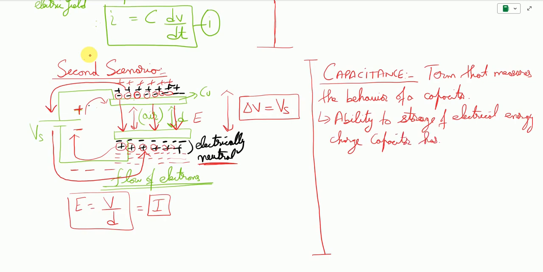So capacitance is basically telling us the ability of the capacitor to store electrical energy. So this is what we call capacitance.